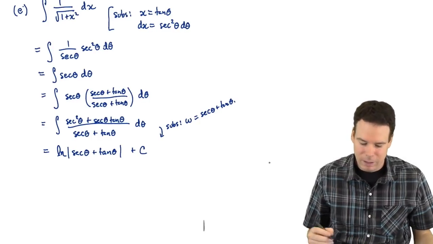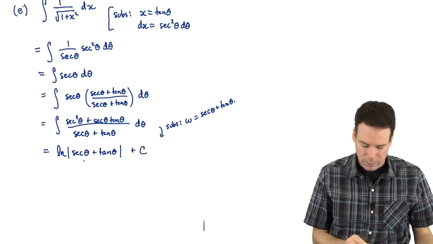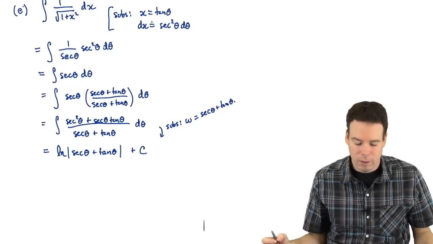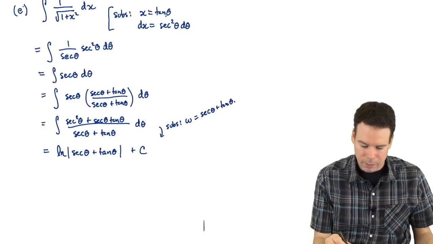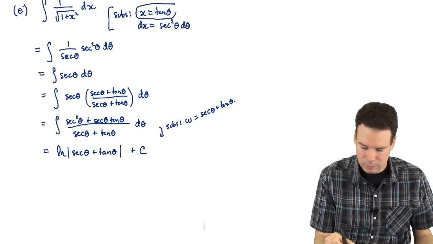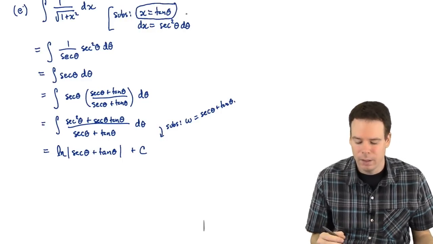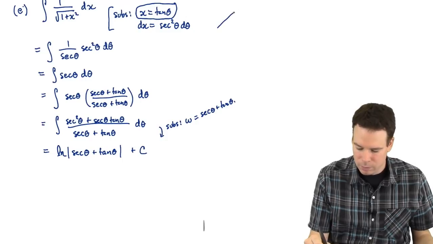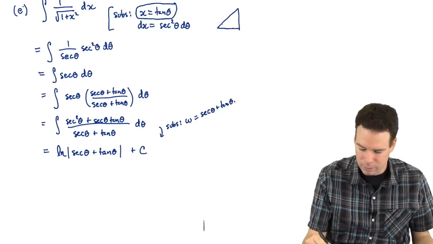As a last step, we've got to take our final result and re-express it in terms of the variable x. In order to get back x from theta, we have to go back to our original substitution. So x is tan theta. What's often helpful here is to draw a right triangle that gives the relationship between x and theta.